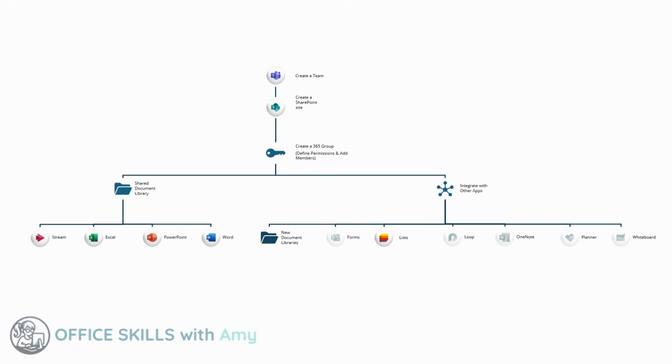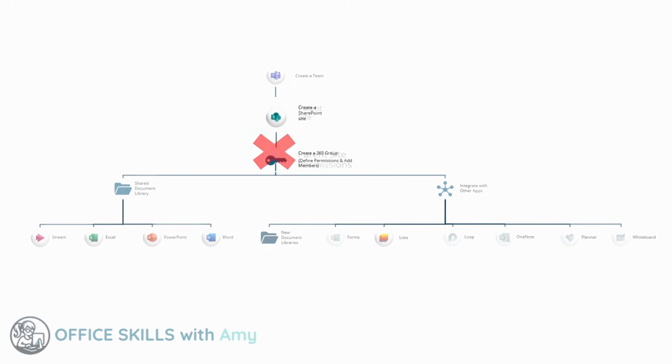However, there may be times where you want to have unique permissions for specific areas of that site, such as a document library or a Microsoft list. And we can do this. And when we do, we need to break the inheritance from the 365 group of the parent site.